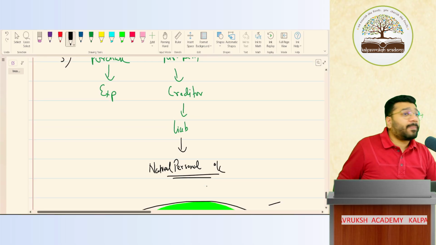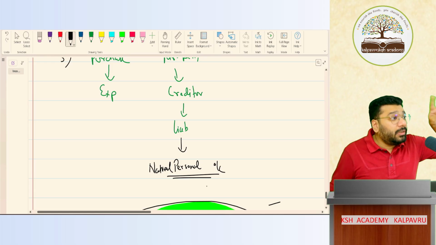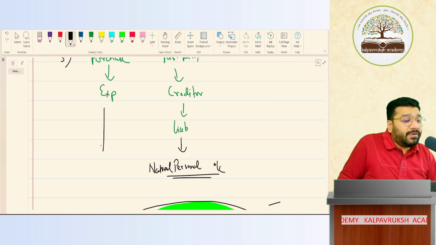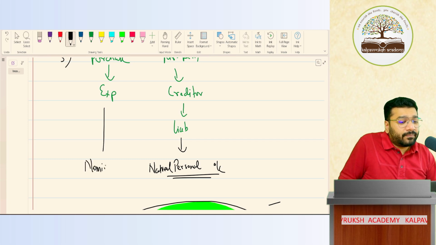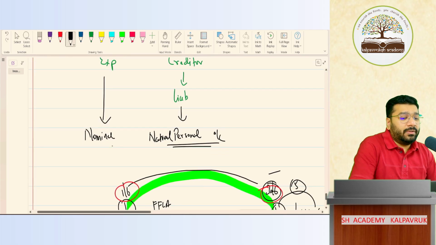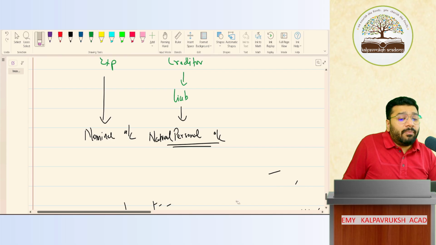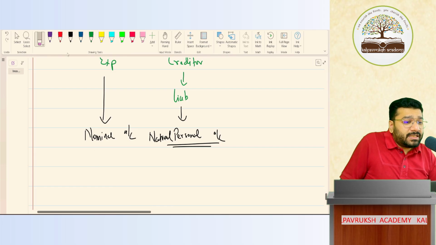I told you, when you apply the real rule, the nominal rule, it is from whose point of view? It is from the business point of view. For expenses, it is nominal. Am I right? Nominal account. For real and nominal, from whose point of view will we apply the rule? Business point of view.